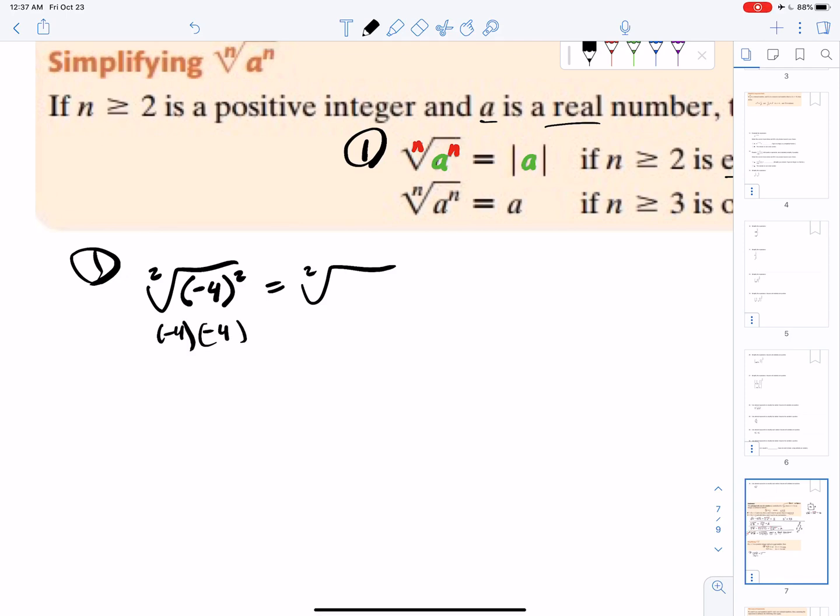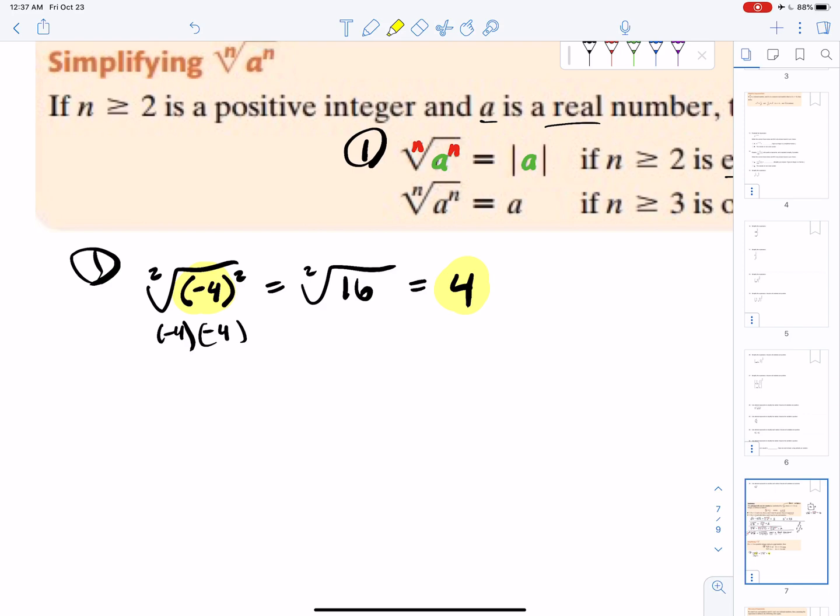And you all yell out, negative 4 times negative 4 is positive 16. And what's the square root of positive 16? It's just 4. Notice we started with a negative 4, and when we took the square root of that, we ended up with a positive 4.